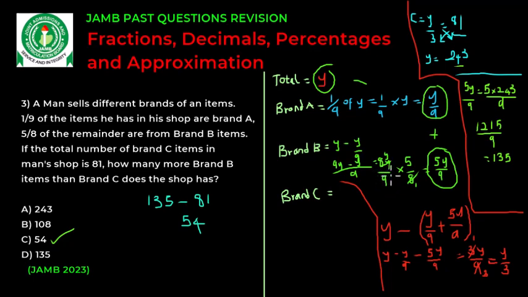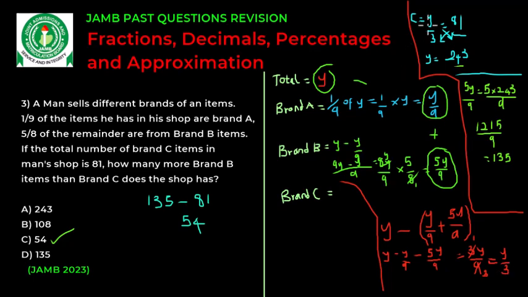Since it is 5/8 of this 8y/9, we solved it out and had 5y/9 for brand B. Then brand C is the remainder of all the items, so we subtract the totals of brand A and brand B from the total in the shop. When we did this, all we had was y/3 as the fraction of items for brand C.